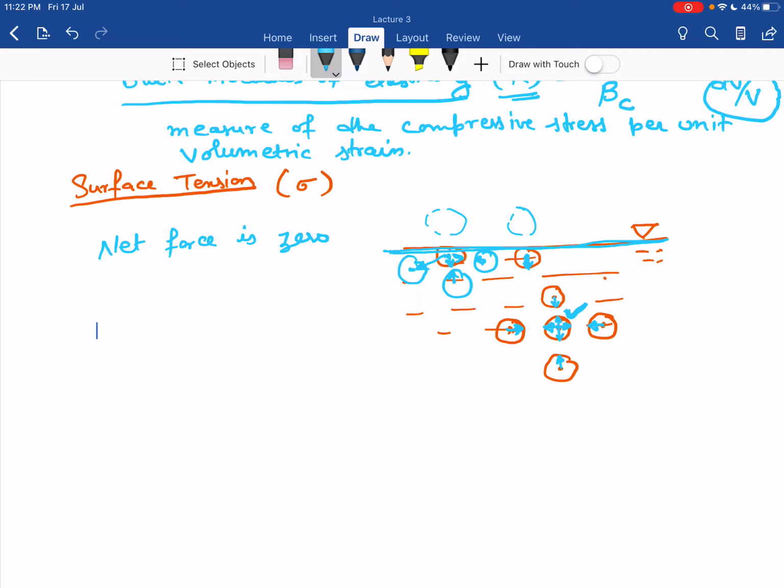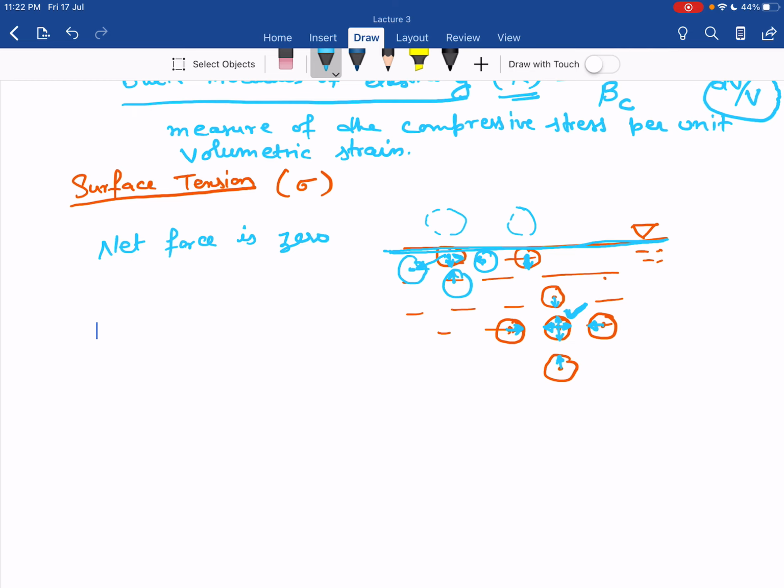So now you can say if we want to take the molecules on the surface of this liquid out from the surface, we have to apply certain force.